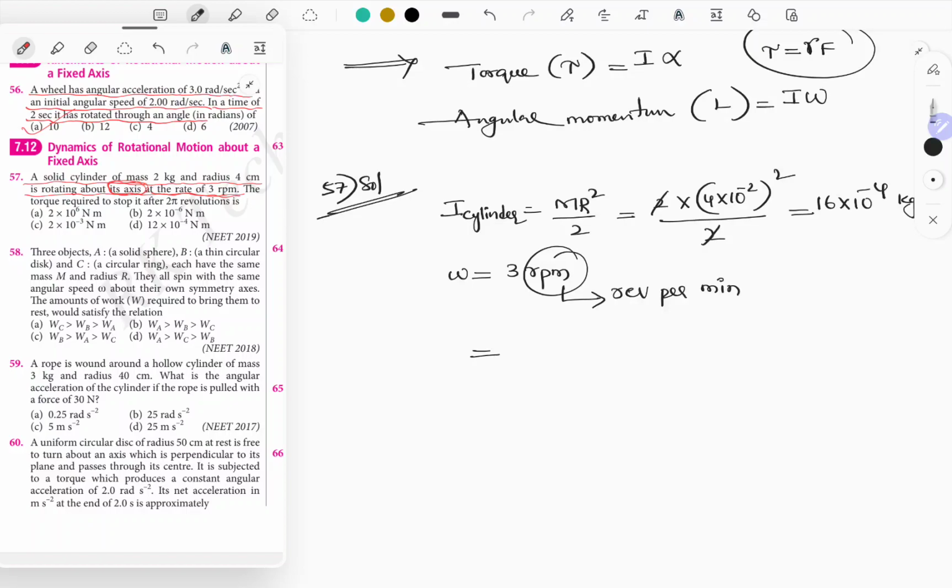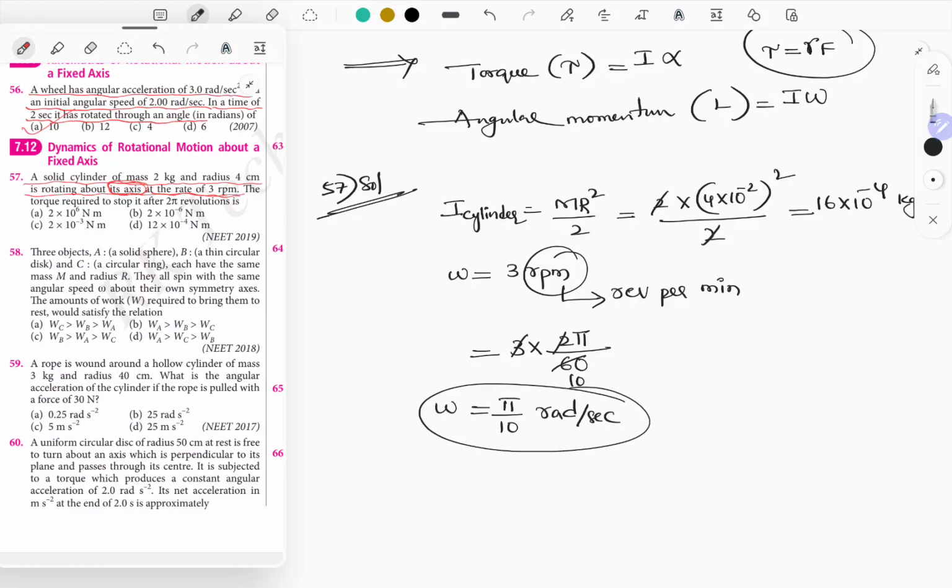You can understand how we can convert revolutions per minute into radian per second. The actual unit of omega must be radian per second. So 1 revolution is equal to 2 pi radians, divided by 1 minute is equal to 60 seconds. Then 2 3s are 6, it will become pi by 10, the angular velocity of the object. This is the initial angular velocity.